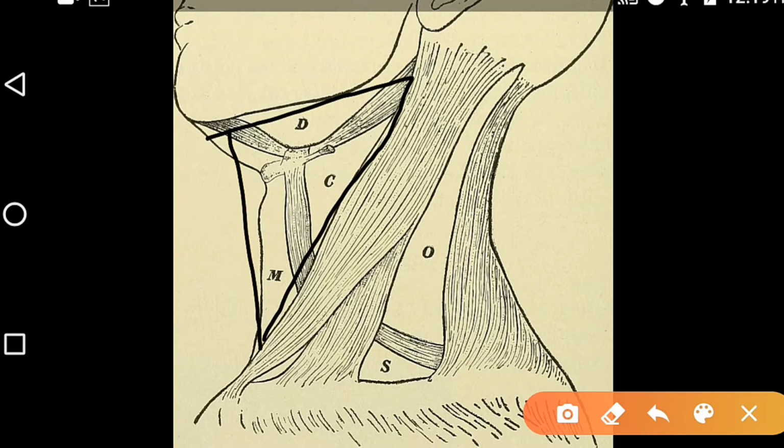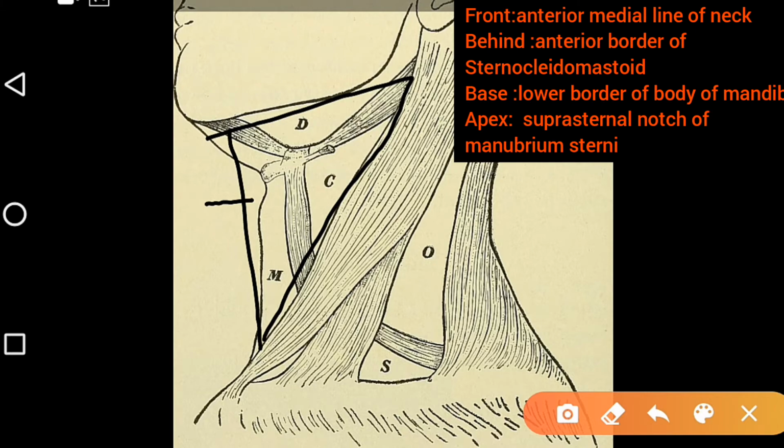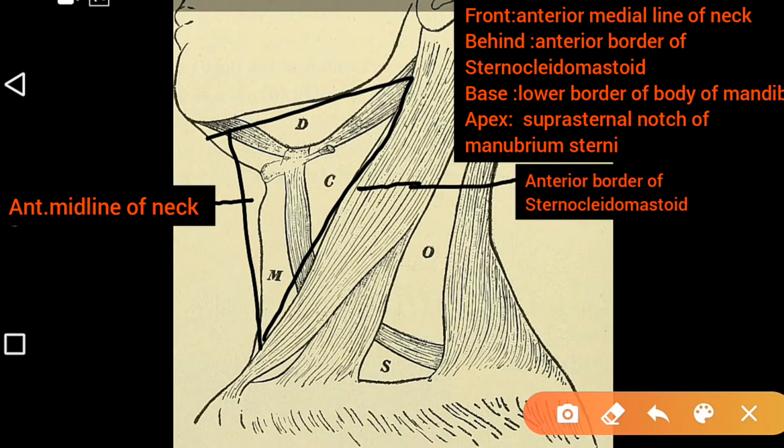In the front there is the anterior midline of the neck, while in the behind you can see the anterior border of the sternocleidomastoid. So these are the anterior borders, while these are the posterior borders of the sternocleidomastoid.